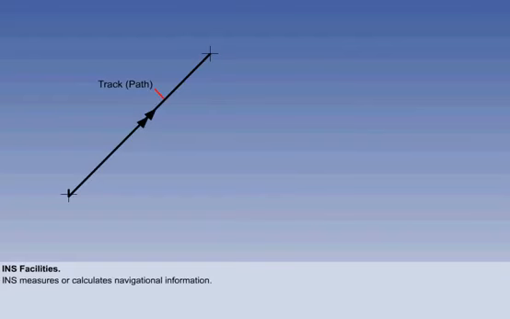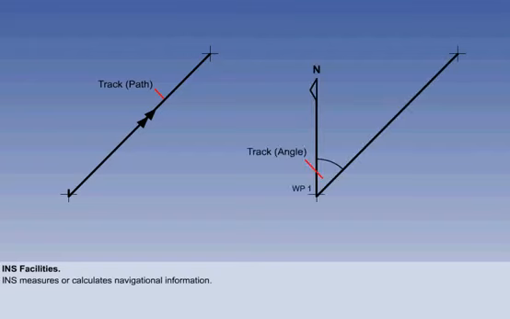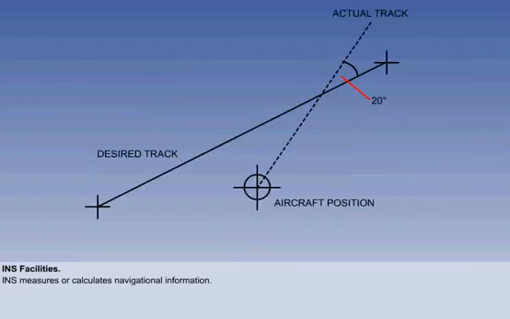However, the word track can have another meaning. As well as being the path of the aircraft over the ground, it can also mean the direction of that path. Strictly speaking, this should be called track angle, but most people refer to it as just track. So, track error angle is not about whether you are a distance left or right of the desired track path.